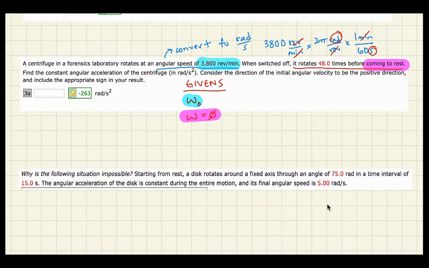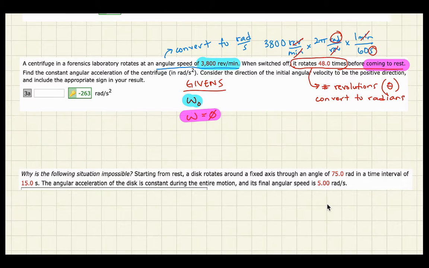And it gives me this number of rotations before coming to rest. This is a number of revolutions, which is telling me the angle that it rotates through. Except that it's not giving me the angle in terms of radians, it's giving me the angle in terms of full circles. So we need to, again, convert to radians.